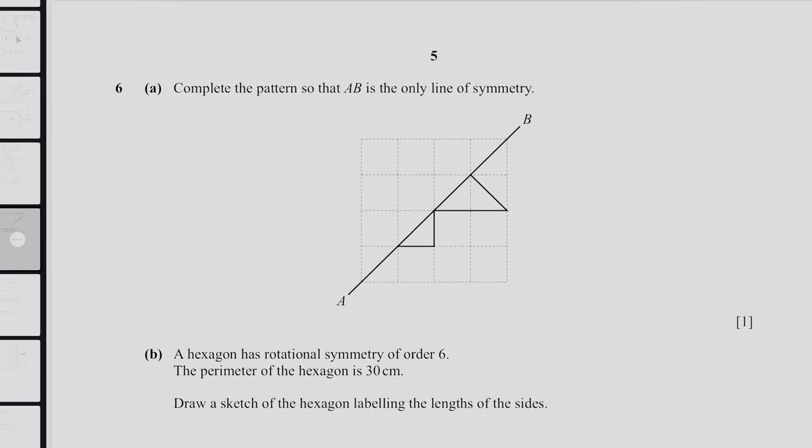Okay. Complete the pattern so that AB is the only line of symmetry. So AB is the line of symmetry. In order to complete this, I can draw a square over here. So this is symmetrical to this. This area is basically symmetrical to this area.